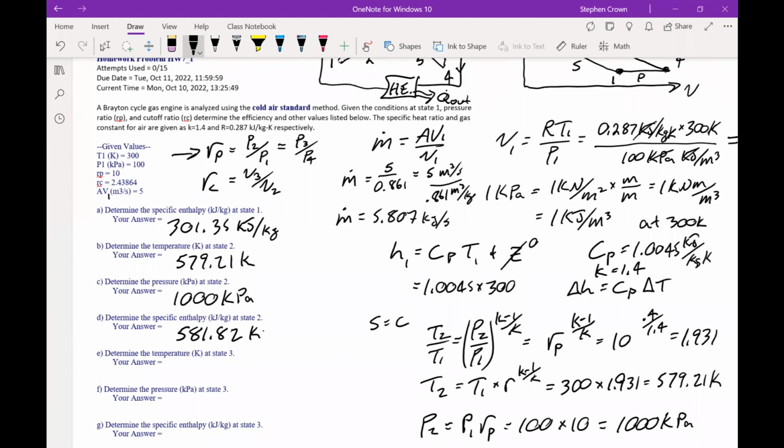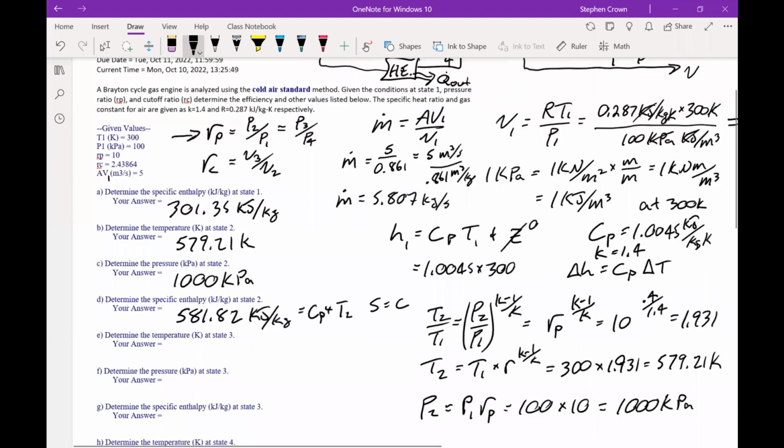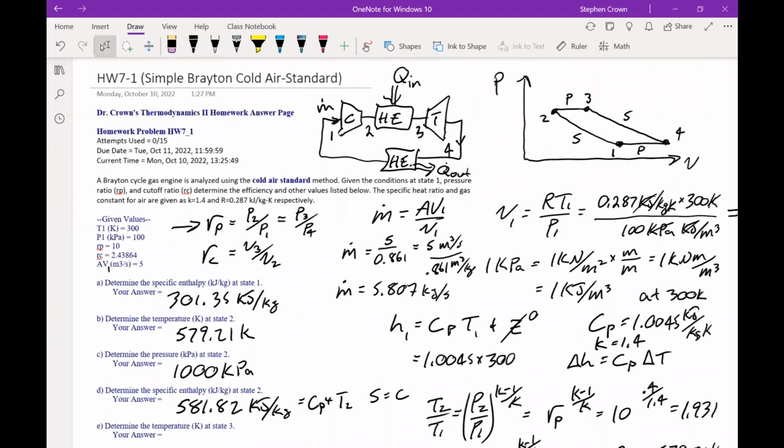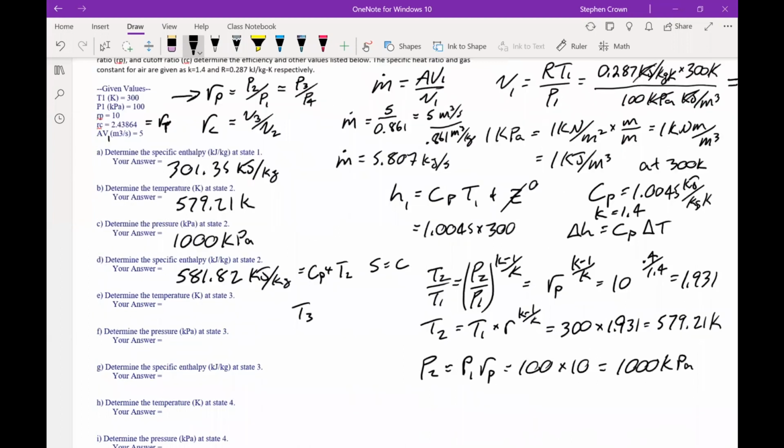Temperature at state 3. Now we're given a specific volume ratio. In this case, since the specific volume ratio is given and pressure is constant, we know that the specific volume ratio is the same as the temperature ratio. So RC is the same thing as RT, which is just T3 over T2. So we have that T3 over T2 equals RC, so T3 equals T2 times RC.